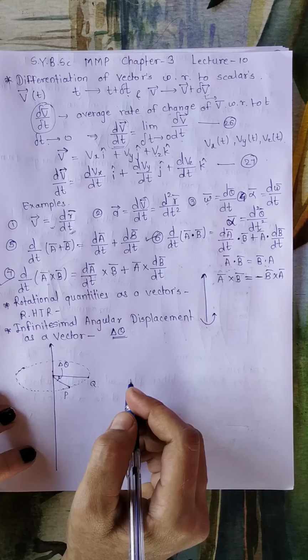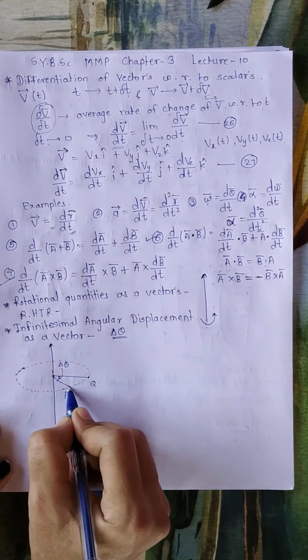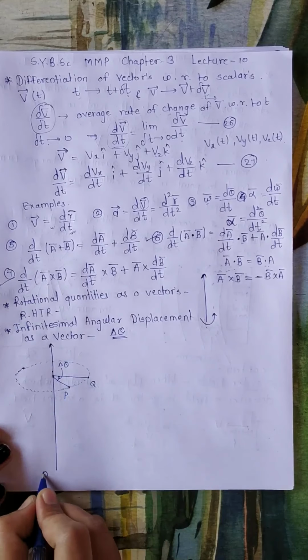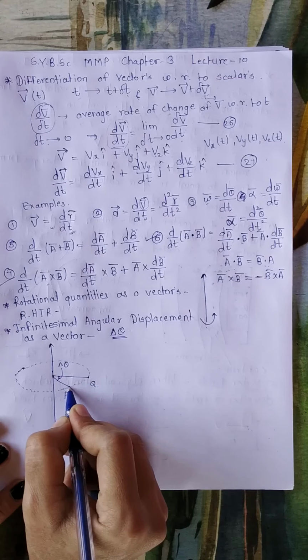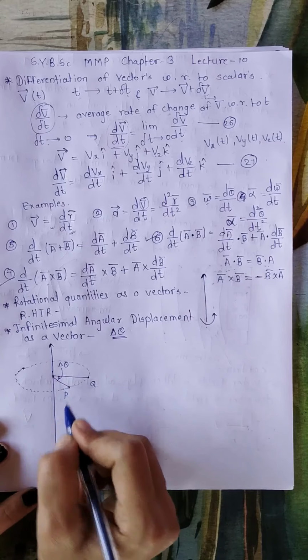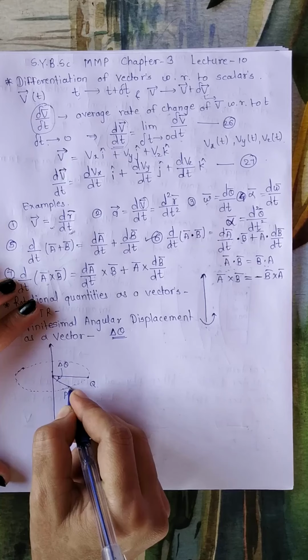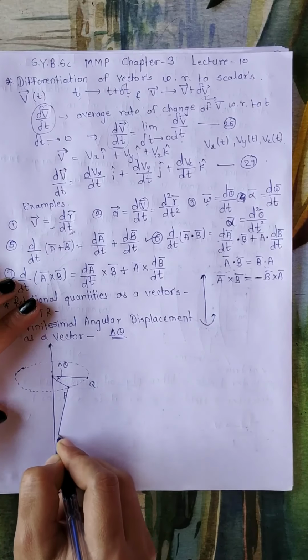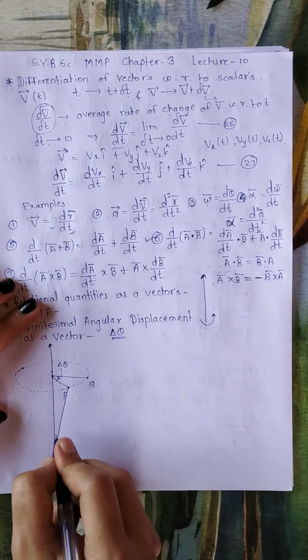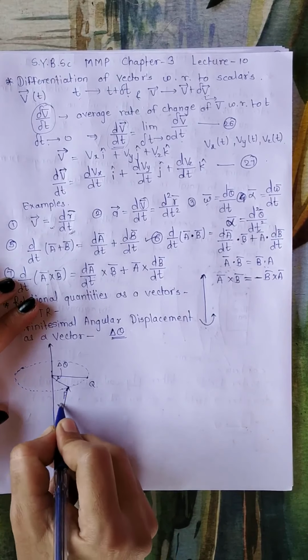So if we consider R as a position vector, let's say this is our origin O, and R represents the position vector of point P, then if we join point O and P, we will get that position vector. So this is nothing but the vector R bar.